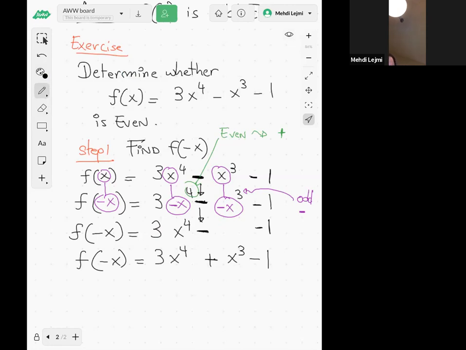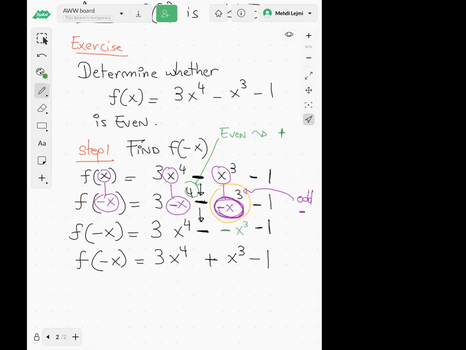And then the question is, what about this minus x cubed? Because the power is odd, it's going to be minus x cubed again.